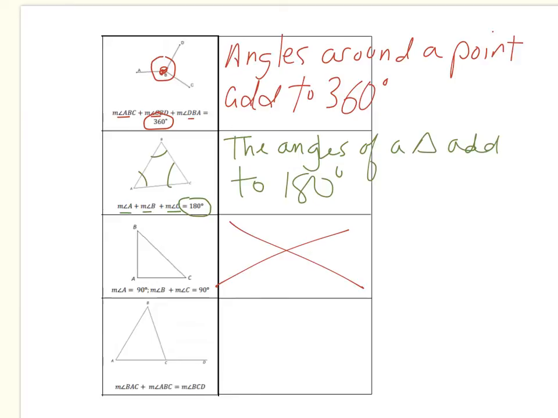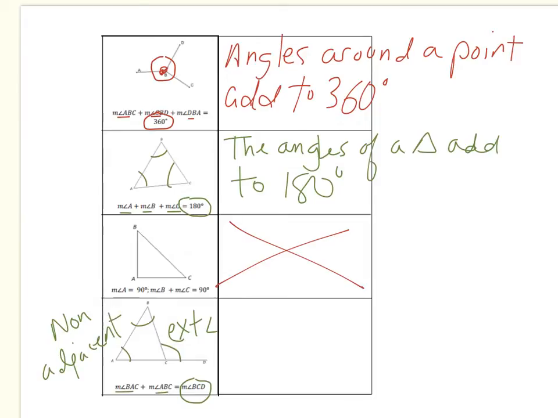This last one down here at the bottom, very important, got to introduce a few terms that you may or may not be familiar with. We're talking about, in this case, angle BCD. That is right here. That's called an exterior angle. EXT meaning exterior angle. The other angles that we're talking about here, angle A and angle B, those are called non-adjacent angles.